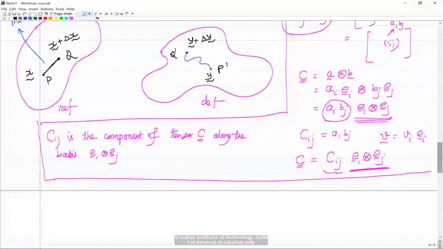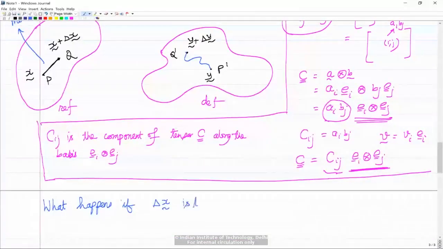But think of this delta x. So what happens if delta x is taken to be very, very small?